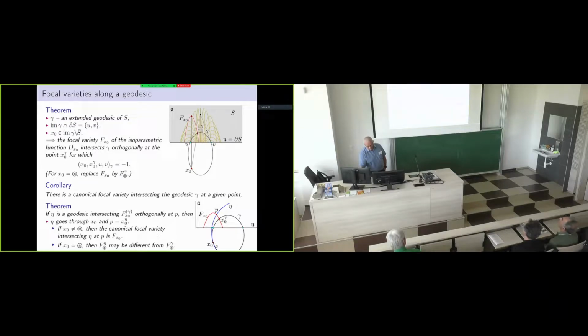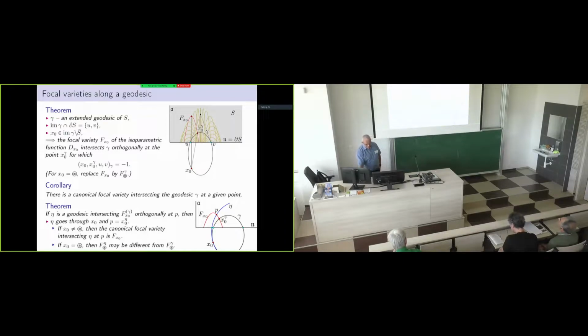If x0 is an ordinary point, not a point at infinity, then all geodesics that go through x0 will meet this focal surface orthogonally. So geodesics running out from x0 orthogonally all meet at x0, and vice versa.